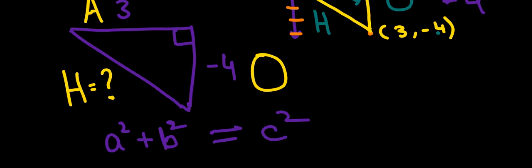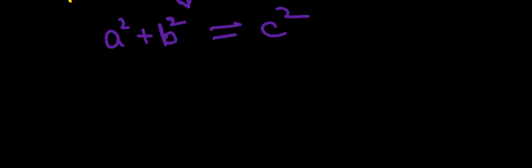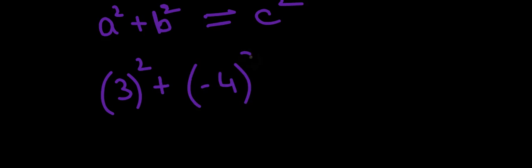Our a is 3, and then we can just take any of the legs as a and b. Those are our two legs, the perpendiculars. So we are going to take 3 squared plus negative 4 squared equals c squared.